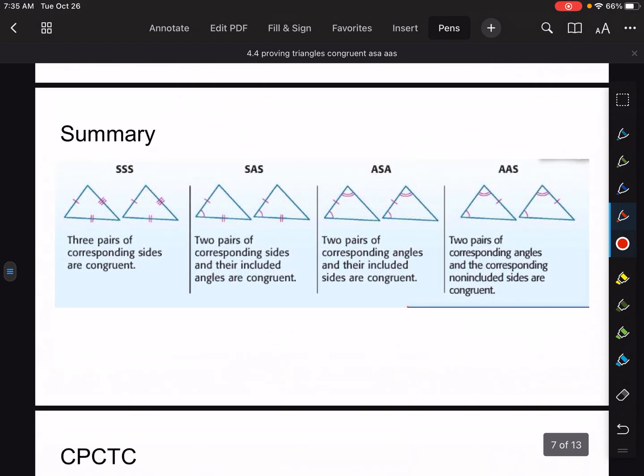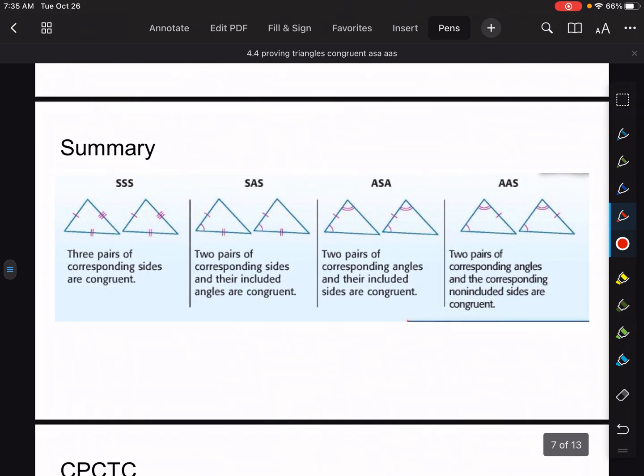And here's the final summary, you guys. So these are the 4 ways that you can prove triangles are congruent. Okay, so you can either show that 3 sides are the same, a side, angle, side in that order is the same, an angle, side, angle, or an angle, angle, side. All right. Notice there is no angle, side, side in geometry.